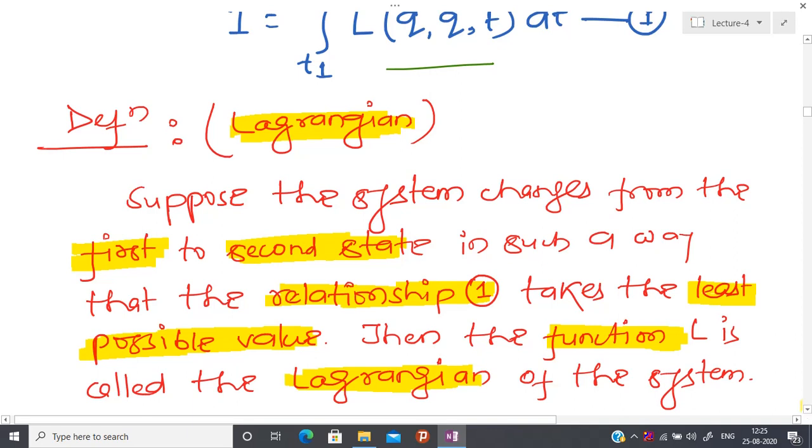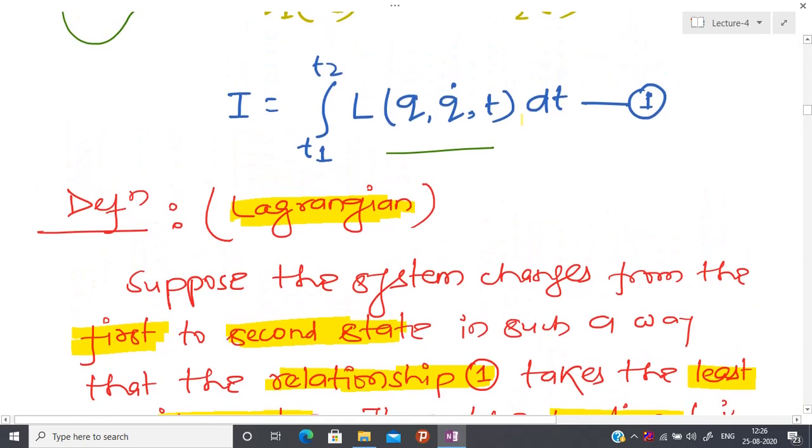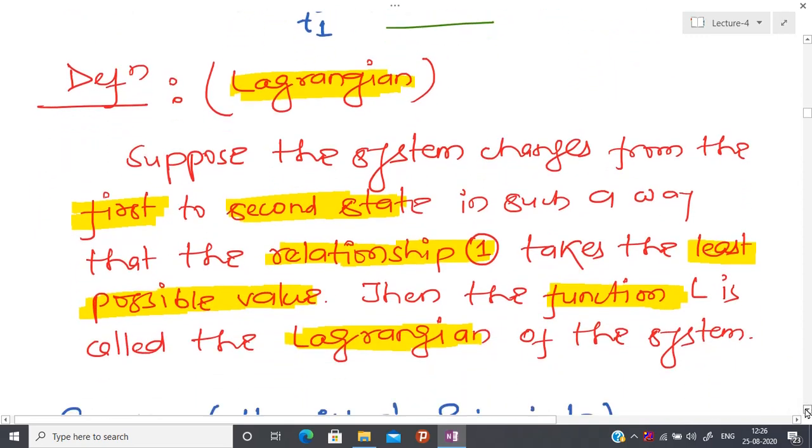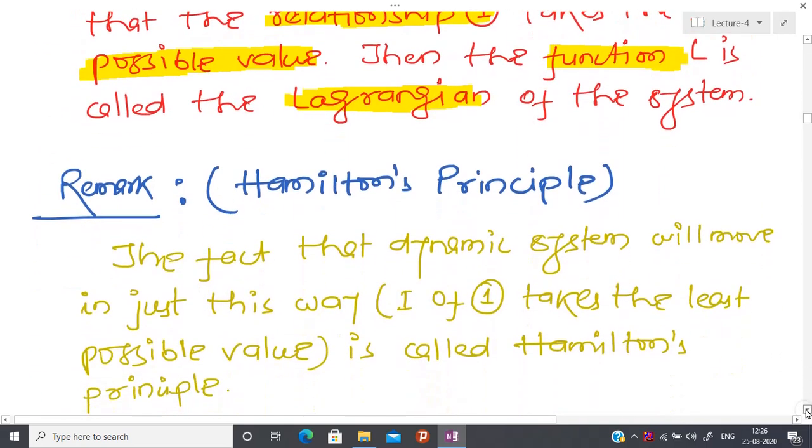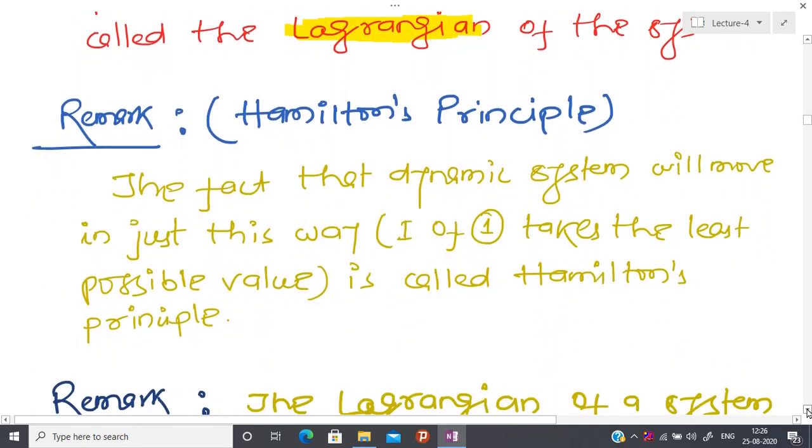So you can see here that L can be constructed in many different ways, but we have to construct it in such a way that I is minimum. So that is our problem. And another problem which is related to this one is called the Hamilton principle.